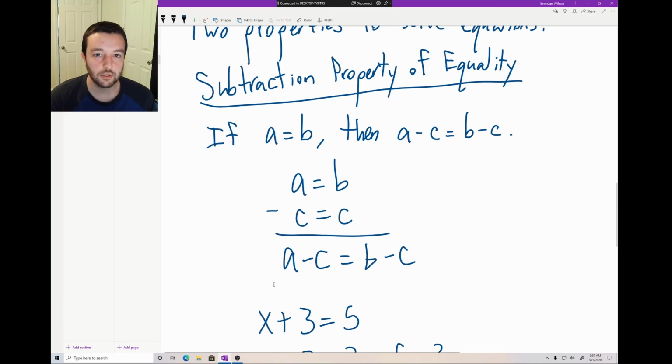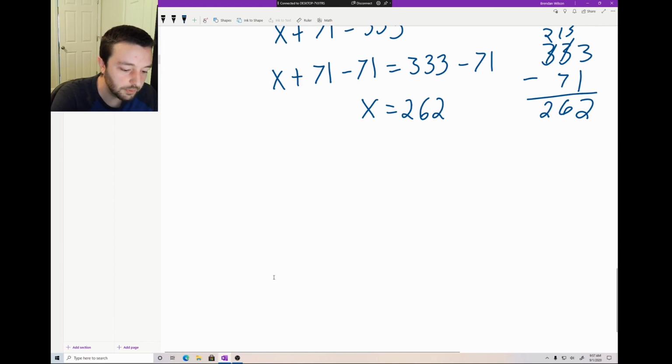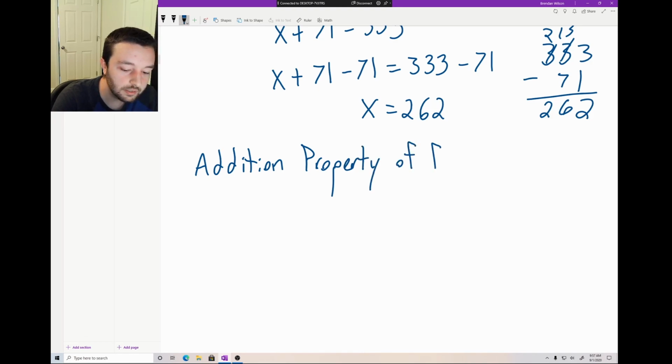And what we're going to see as we go through this class is that you can pretty much do anything on both sides as long as you do it to both sides. So for example, the addition property of equality says basically the same thing, except that you can add anything you want to both sides.